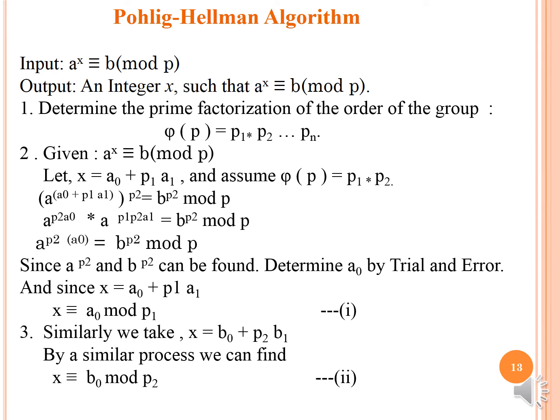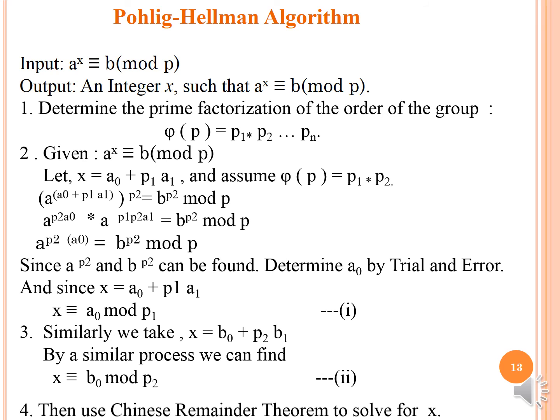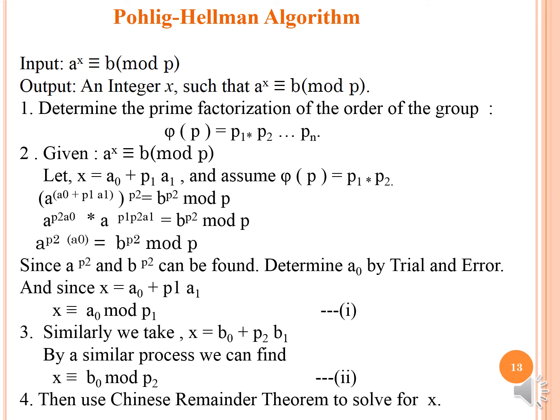Similarly, we can take x equal to b0 plus p2 b1, and we will find another similar congruence relation, x congruent to b0 mod p2. Using the Chinese remainder theorem, you can solve these congruences and find the value of x.